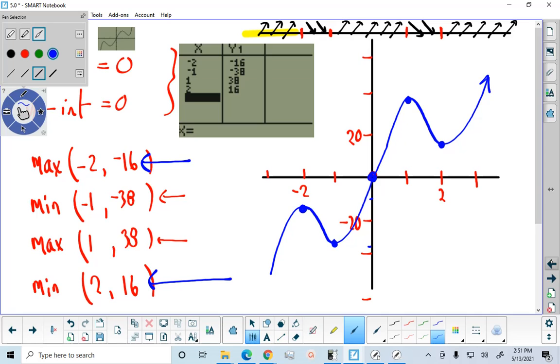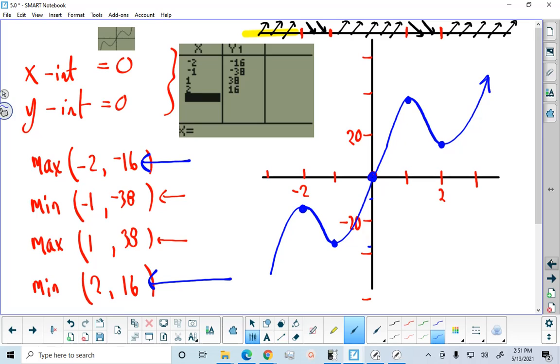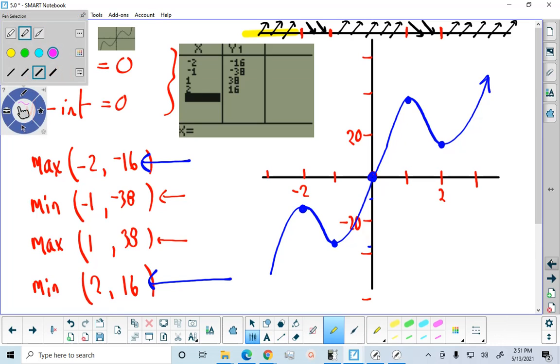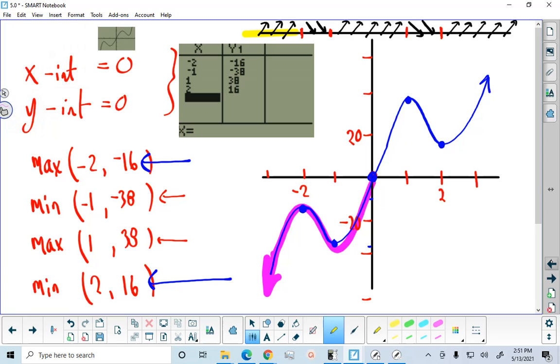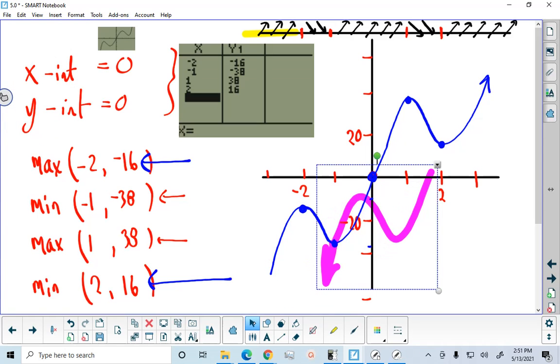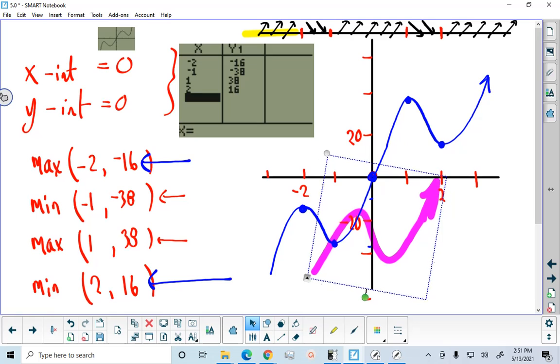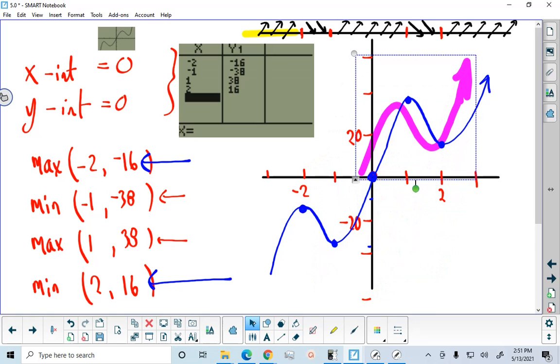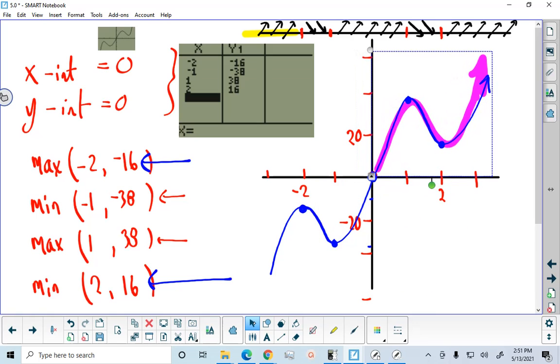And take a look at that graph. That is odd. I mean, I didn't draw it perfectly, so it might not work out well, but if I take this thing and I rotate it 180 degrees, that's not bad. Actually, that's pretty good. It's not perfect, but you get the idea.